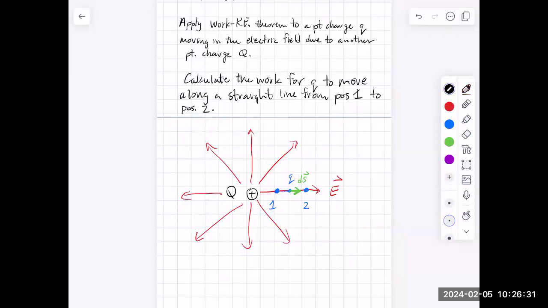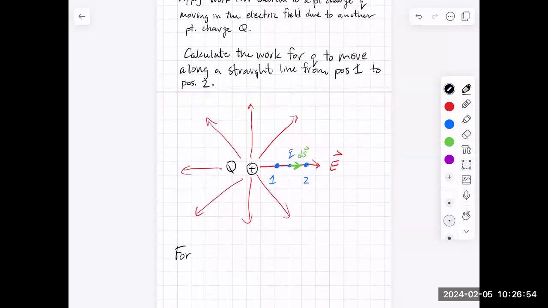This is a nice, convenient choice for us to make because we have to evaluate a dot product, and we've selected a path where the displacement ds is always parallel to the electric field.